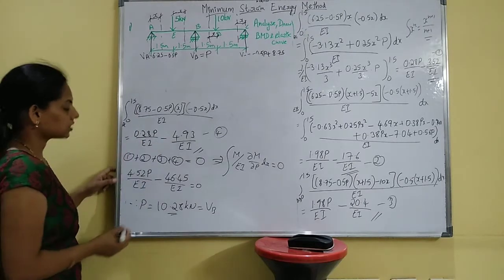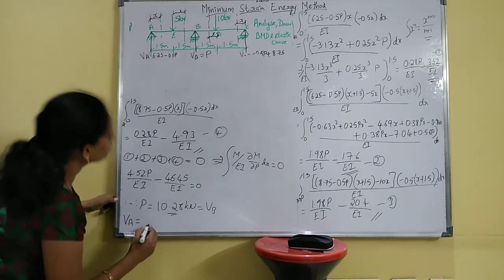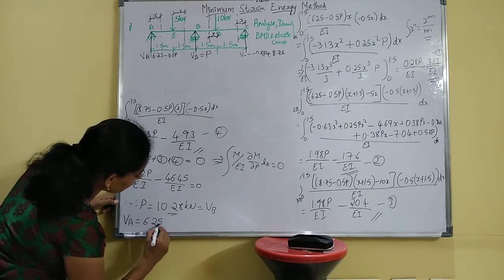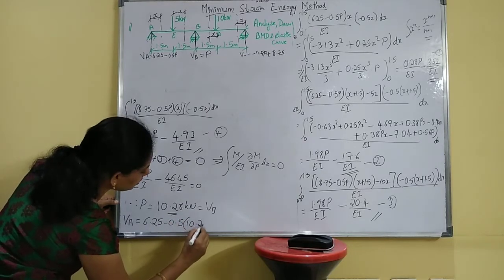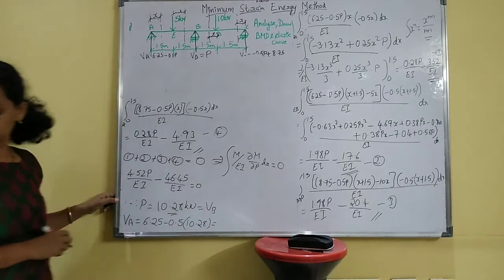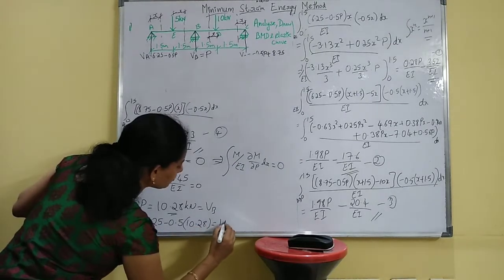Okay. Now substitute that back to VA and VB. So VA is equal to 6.25 minus 0.5 times P. P is nothing but 10.28. You will have VA as 1.11 kilonewton.